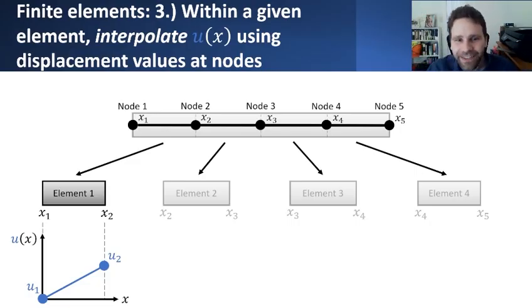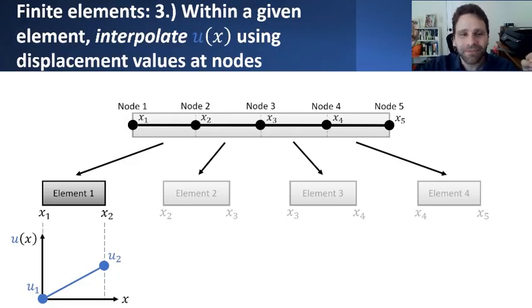Now, you might not have thought of this up to now, but at the end of the day, if we don't really have any additional knowledge about how the displacement field should vary between these two node points, I really have to make some kind of guess.